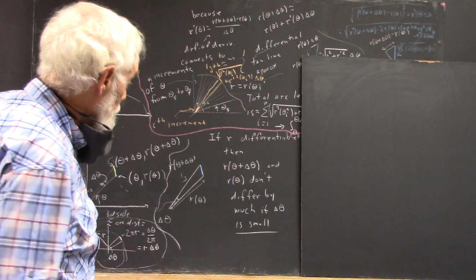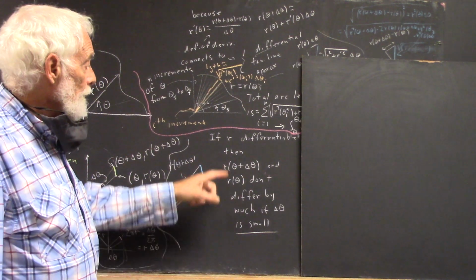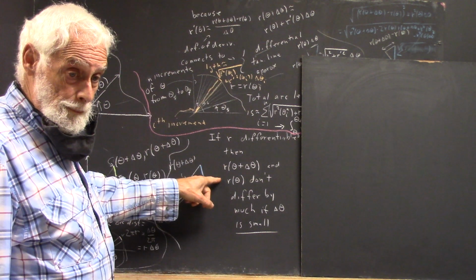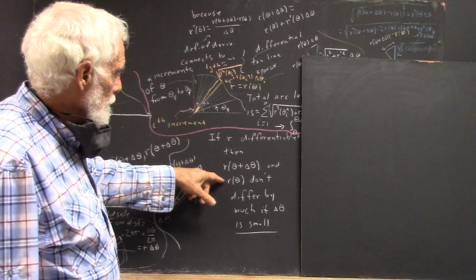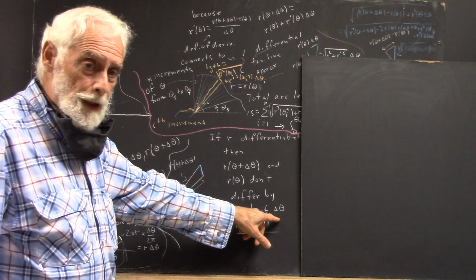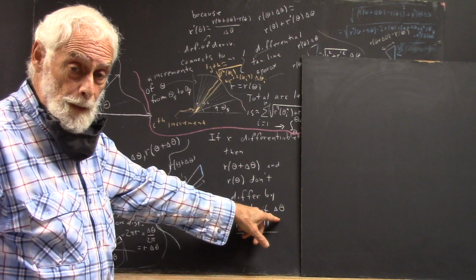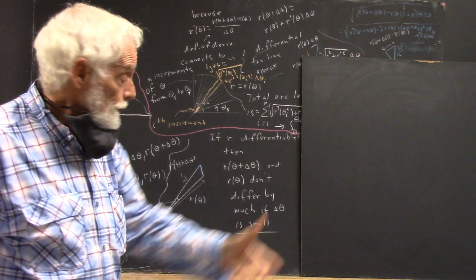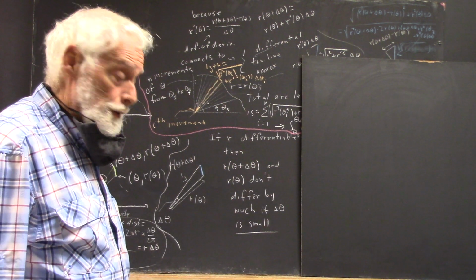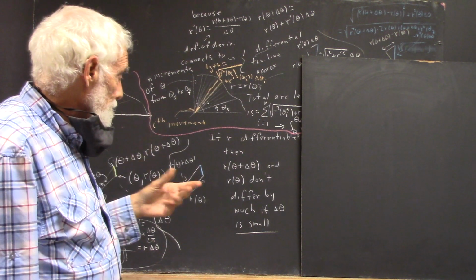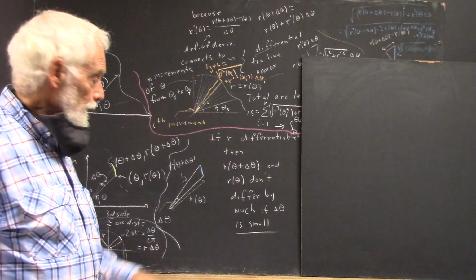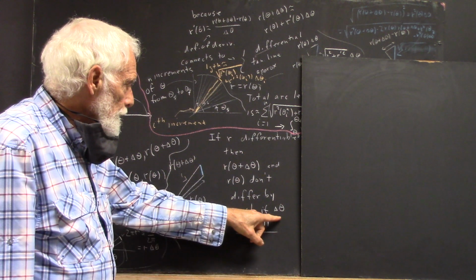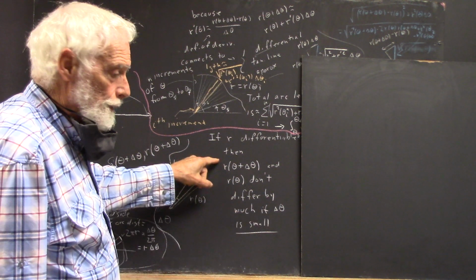It means that the limit of the difference of these two, divided by the change in the angle, approaches the derivative. That approaches a constant number, which means that if delta theta is small, these two can't differ by much.